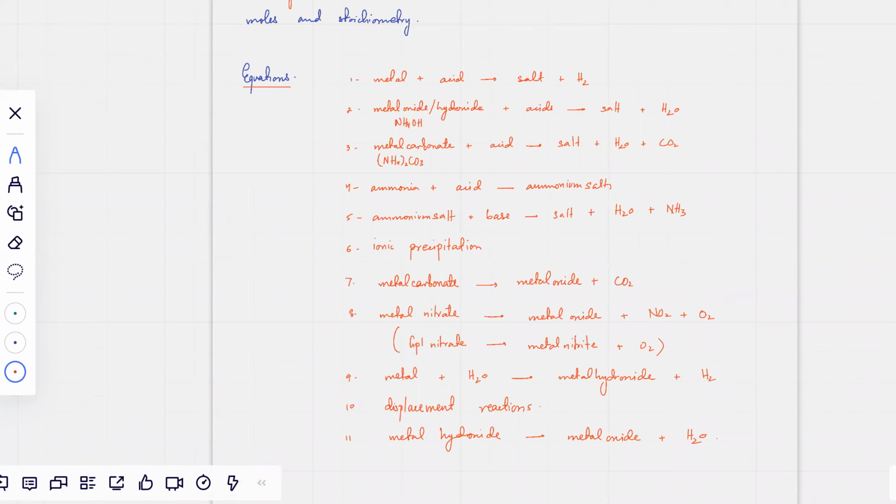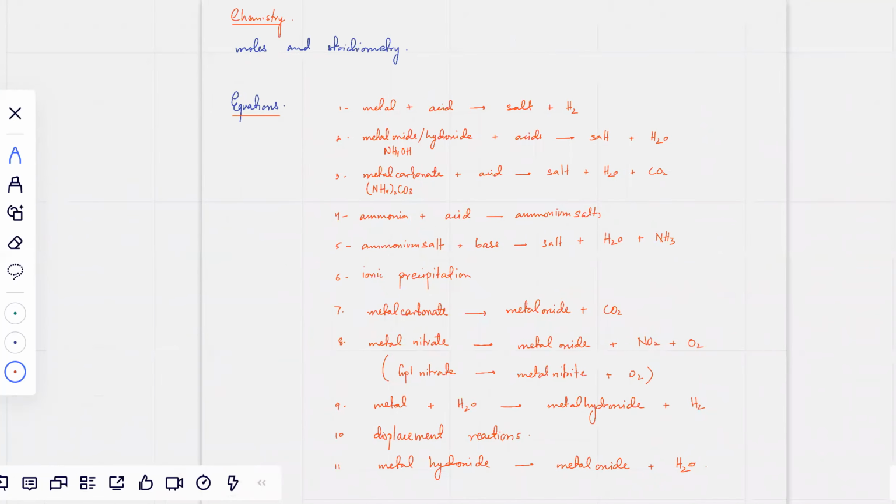Before actually starting moles, remember all of these reactions are very basic. They're one of the most fundamental things. If you're doing a question, most likely you'll not get any direct questions on making an equation. That time is over. But the whole question might depend on your understanding of that equation.